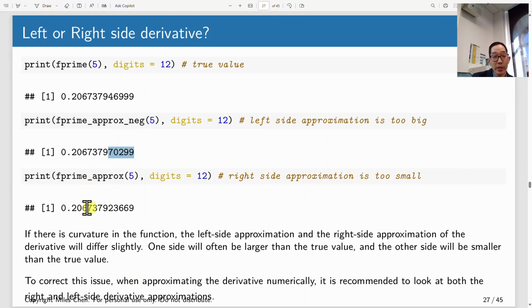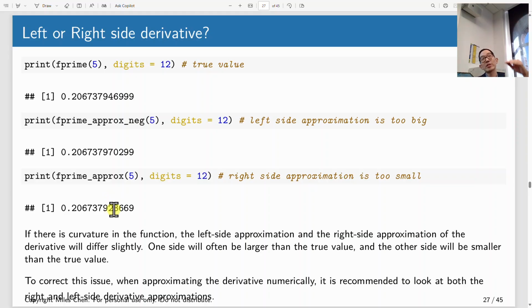And if I take the right-hand side approximation, accurate to 7 decimal places, 2067379, the last few digits are 23669. So basically, the digit after the 9 is 4 on the true value. On the left-hand side approximation, it's a 7, and on the right-hand side approximation, it's a 2.